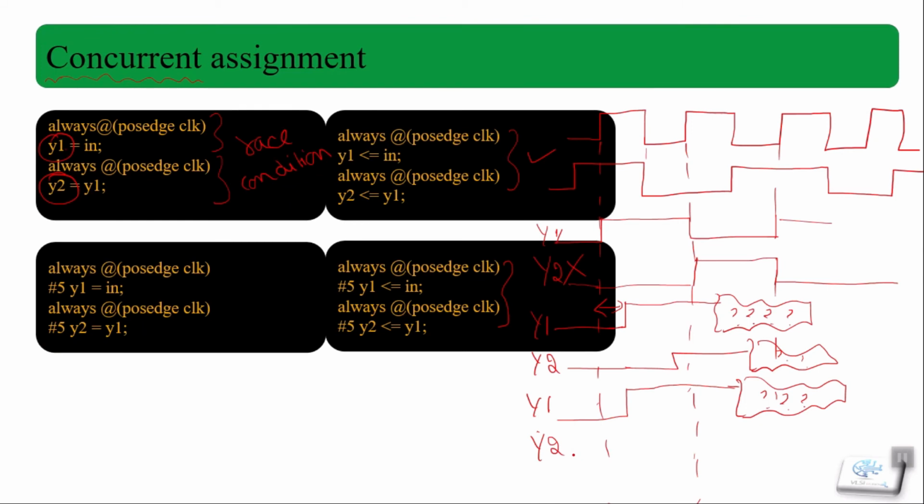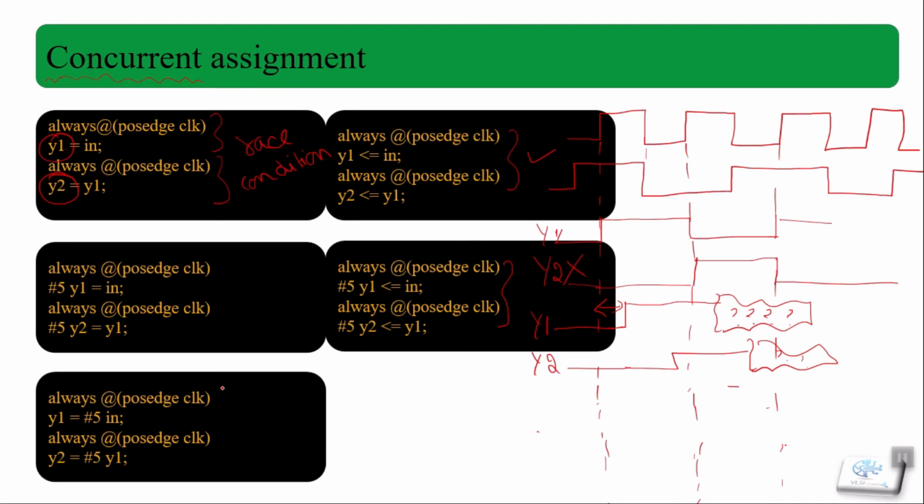We mark it with a question mark here, because we already know that the inertial delay will cause a violation of the flip-flop, and similarly for our Y2, it causes a violation. We can't use the inertial delay in two always blocks that are working in parallel but using the same variable. So the concurrent assignment of the statement is not possible with inertial delay either.